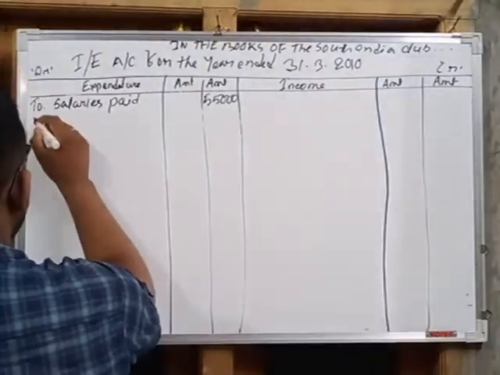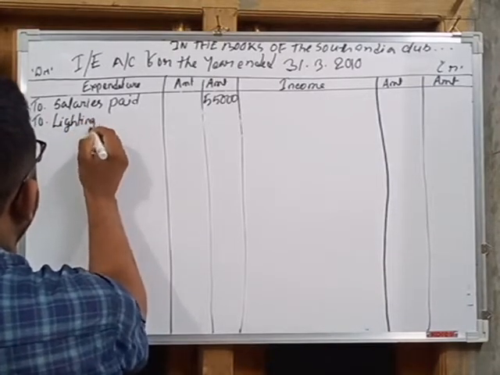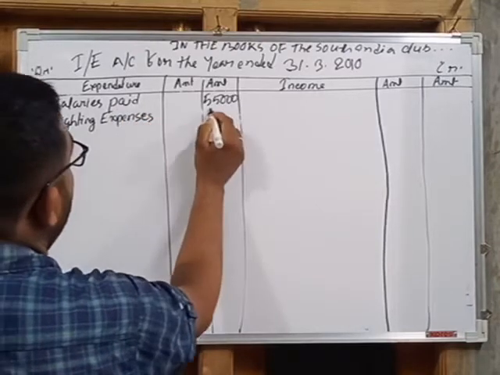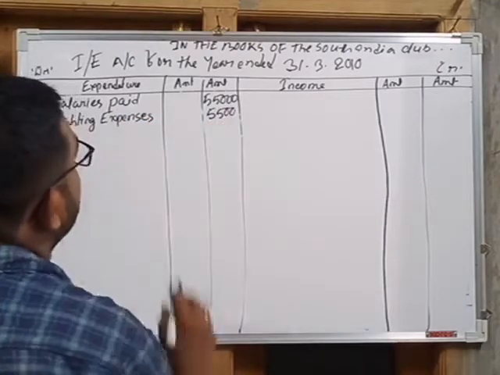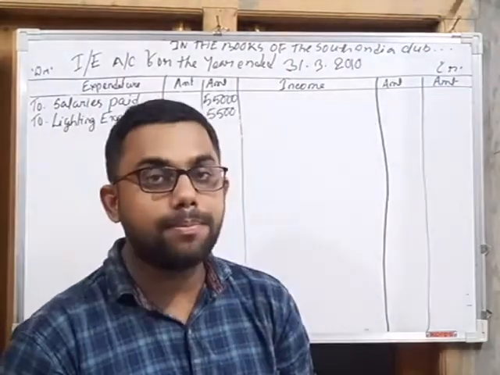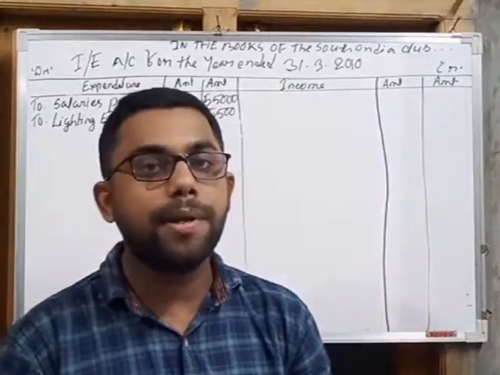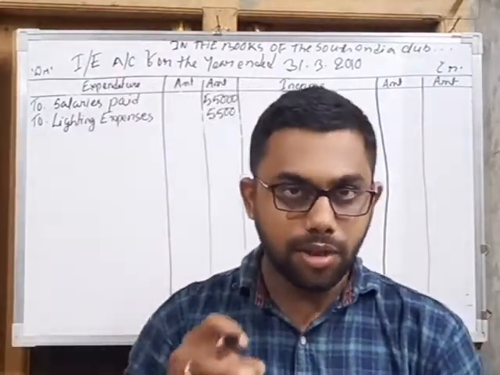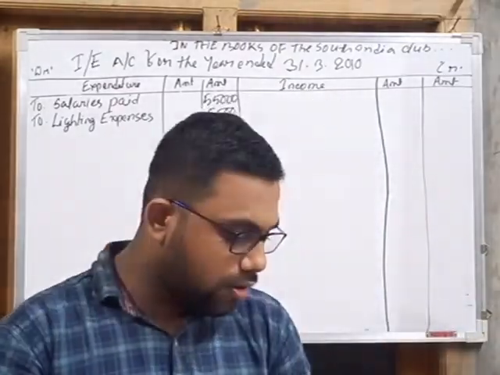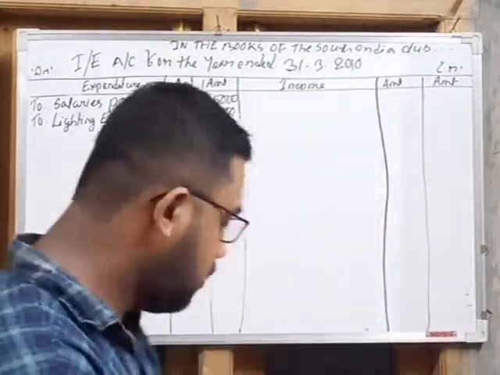To lighting expenses, the amount is 5,500. Next, stationery. Stationery means pen, paper, pencil, marker, calculator, etc. used by the not-for-profit organization. Whatever money is paid for this is an expenditure. So first we have to write it on the expenditure side. To stationery.